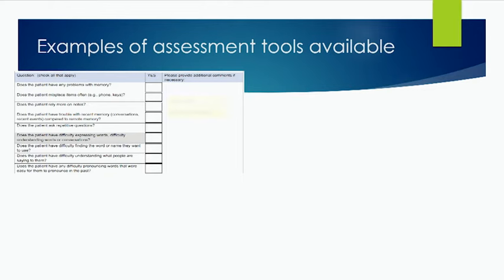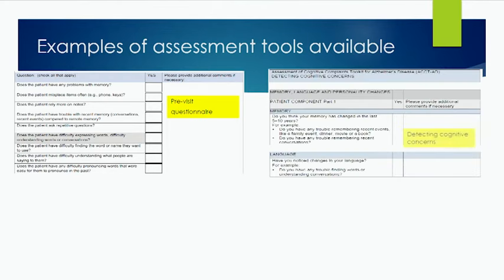I wanted to give some examples of what's available eventually, still in beta testing: a pre-visit questionnaire where the patients or the family might fill this out ahead of time, as I mentioned. Then the screening, detecting cognitive concerns, we talked about that. That one is available both in this form and then the UCLA form.